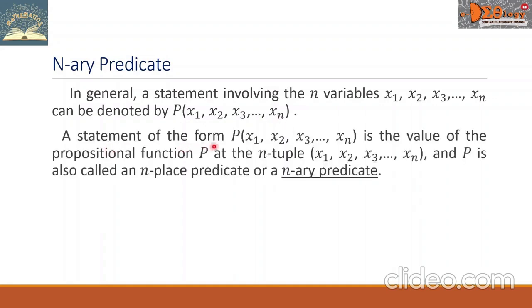A statement of the form P of x sub 1, x sub 2, x sub 3 up to x sub n is the value of the propositional function P at the n-tuple x sub 1, x sub 2, x sub 3 up to x sub n. And P is also called an n-place predicate or an n-ary predicate.